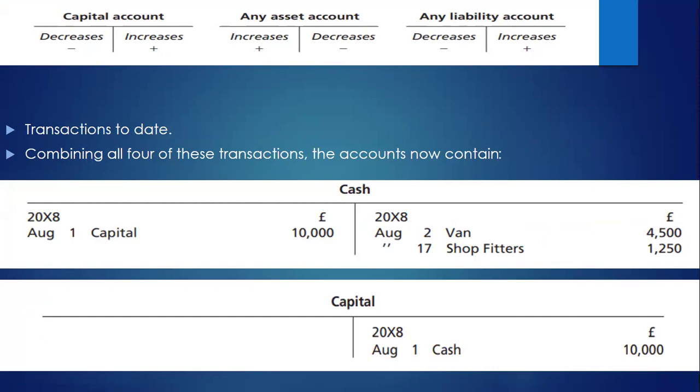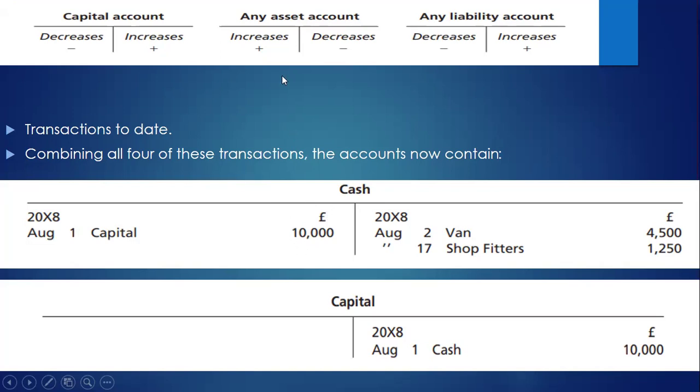The next example, we have the transactions today. We have done all the transactions. Now let's go backward. We have the cash and the capital. So the cash account: let's think about this one, $10,000. On this side, is it money in or money out?